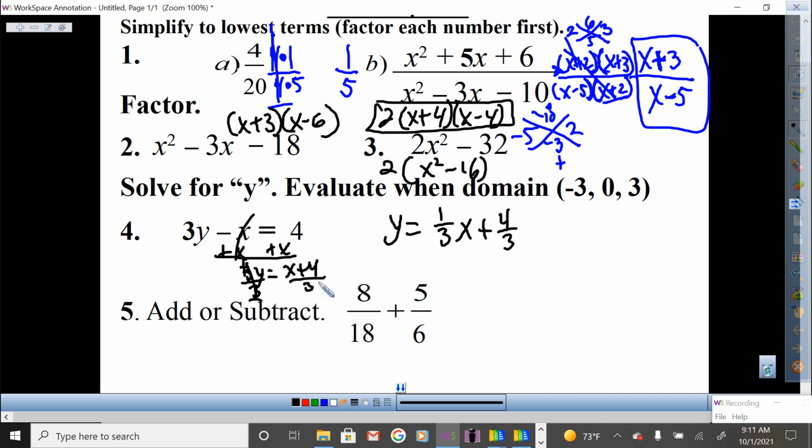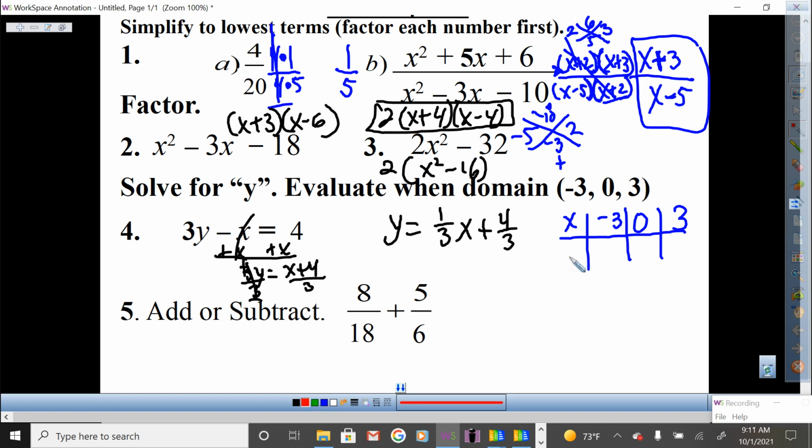Is that good? Okay. And you can do this last one in decimal form, 1.3 repeating, but I'm going to leave it as a fraction. So, domain, -3, 0, 3.